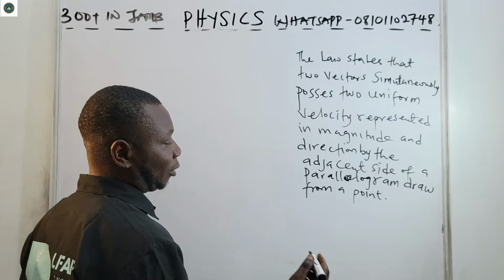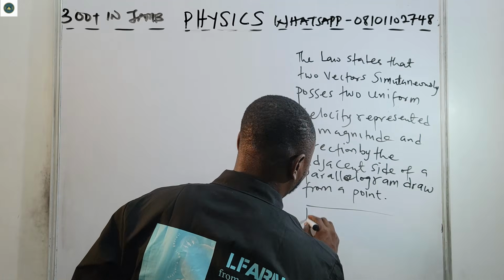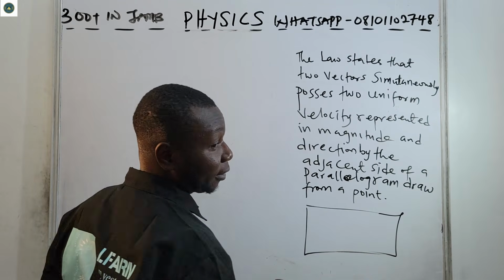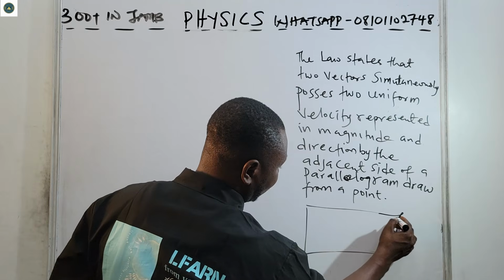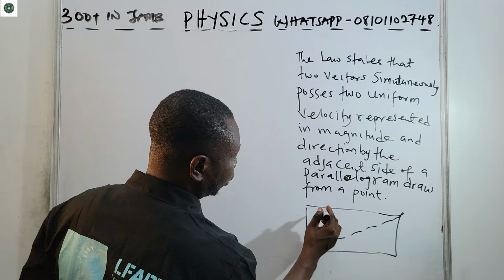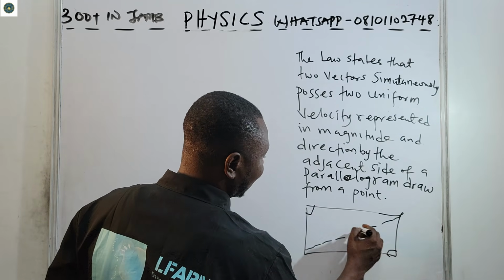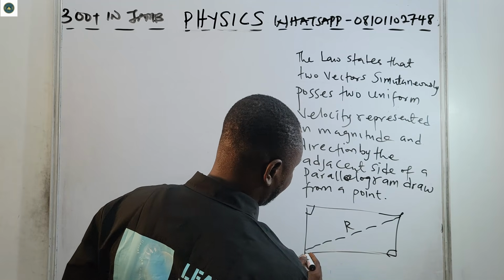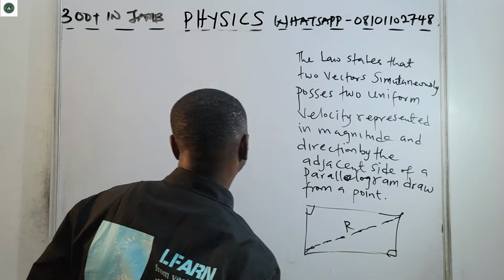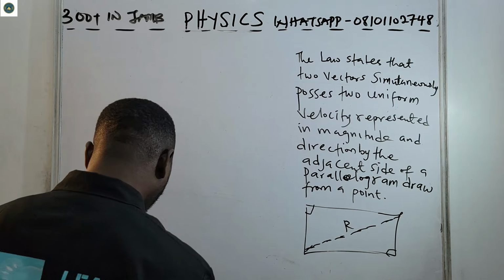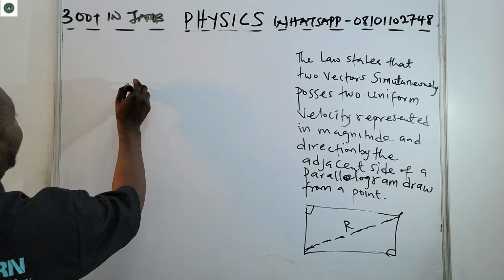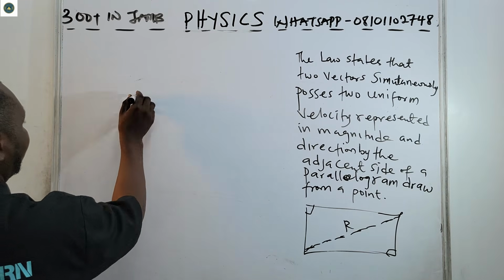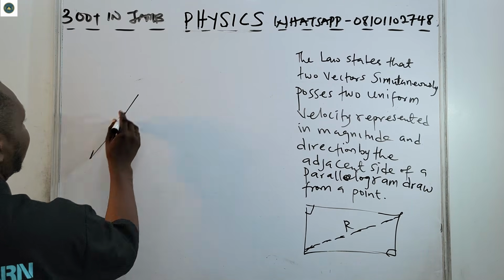I'll talk about the diagonal. For example, I have a rectangle like this. This is a rectangle. Dividing it into two forms two triangles. So this line is where the resultant is. That's the diagonal line. Now coming back to the parallelogram, we have something in this form, two velocities.